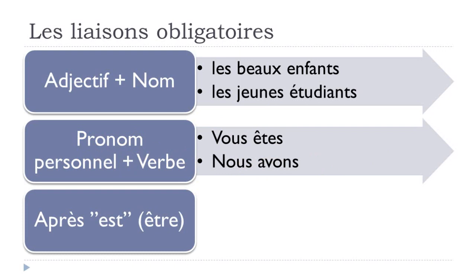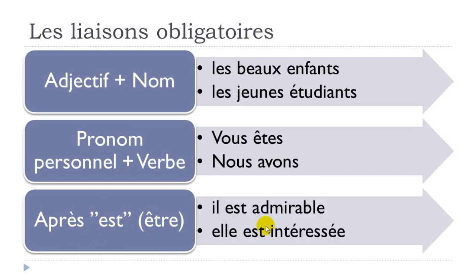And then it's quite interesting because this verb être, if it's at the third person of the singular, so he is or she is, il est, elle est, okay, then definitely you should make the liaison if you've got something after. So like here, for instance, il est admirable. Il est admirable, okay? Elle est intéressée. All right, so in all these cases, you should make the liaison, and in that case, it's with T. Il est admirable, elle est intéressée.